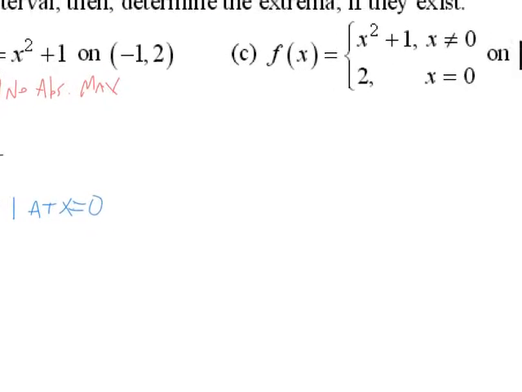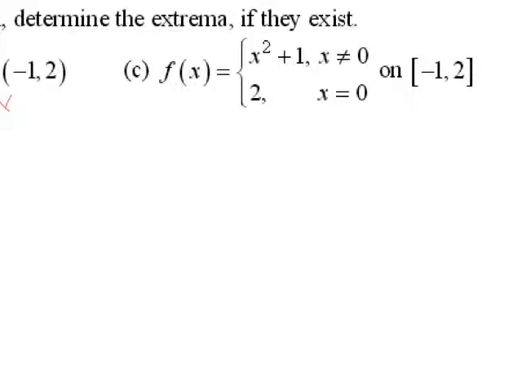All right, third graph. Looks pretty similar, except this one is a piecewise function. So what we have is the parabola everywhere except for 0. And then at 0, we jump up to a value of 2. So that's what this curve looks like.